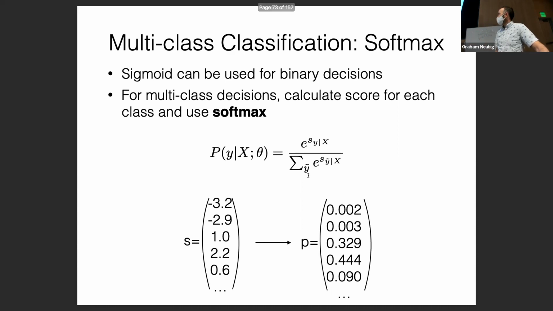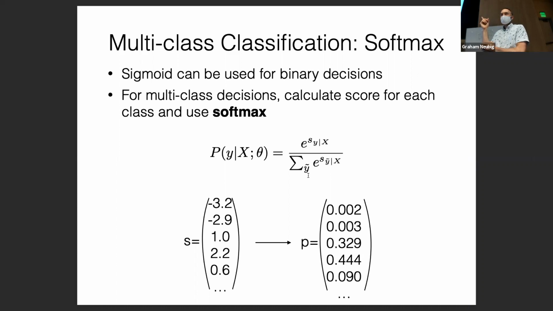What are the two conditions in the definition of the probability simplex, or of a probability distribution? Any ideas? Yeah, it has to add up to 1. That's one condition.